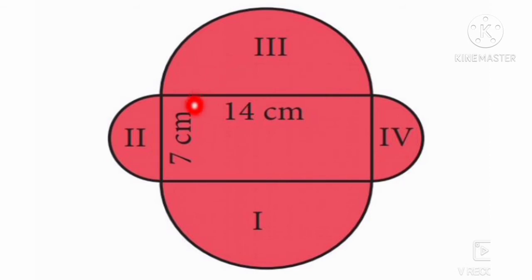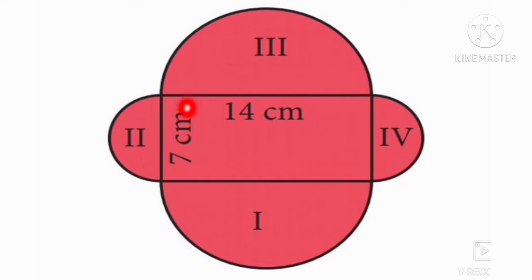Diameters of each of the semicircles are 7 cm and 14 cm. Listen carefully. To find the perimeter, the length of the boundary, we are going to find the circumference of semicircle 2 and semicircle 4, and similarly the circumference of semicircles 1 and 3.